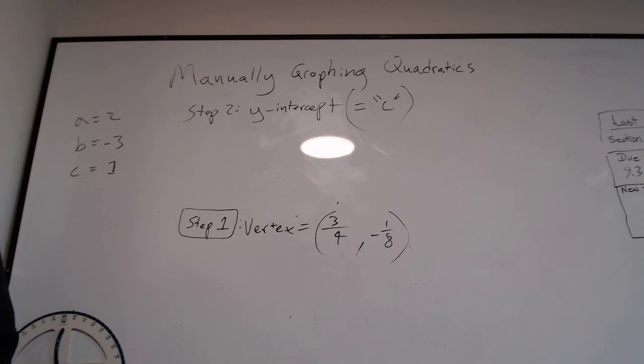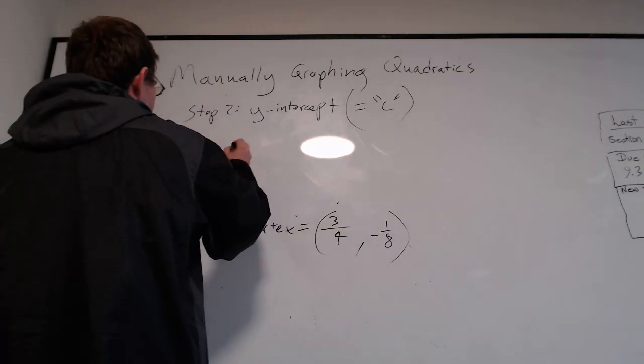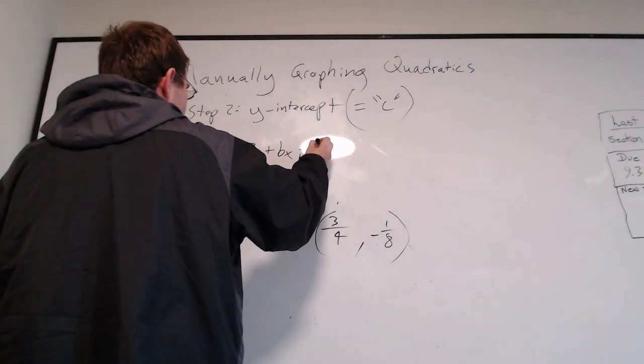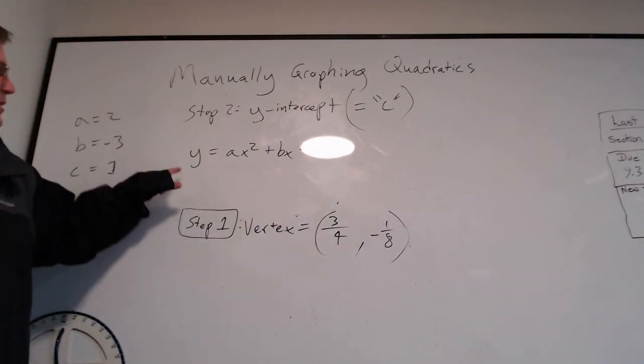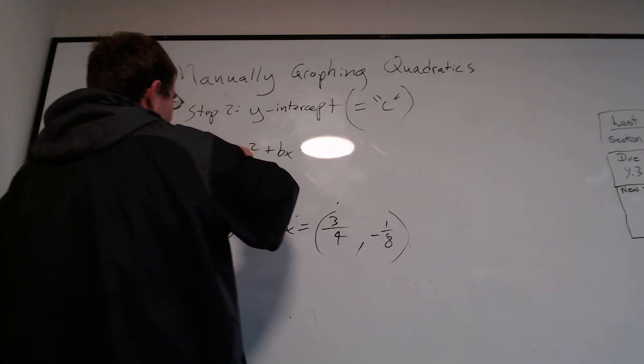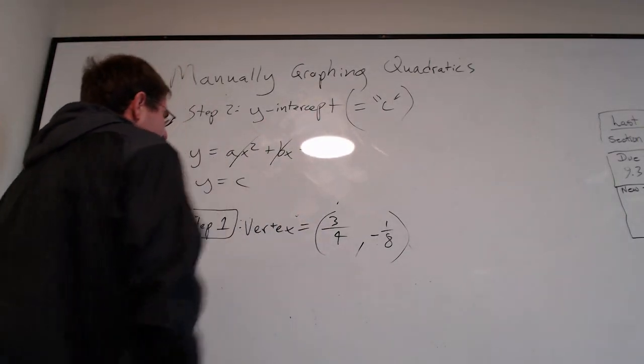Okay, so the next step in graphing is to find the y-intercept. If we have y equals ax squared plus bx plus c, the y-intercept is where x equals 0. So if x equals 0, that means this cancels out, so y equals c.